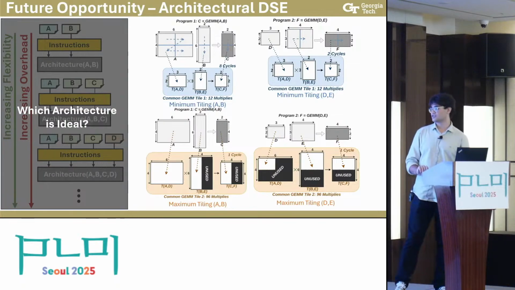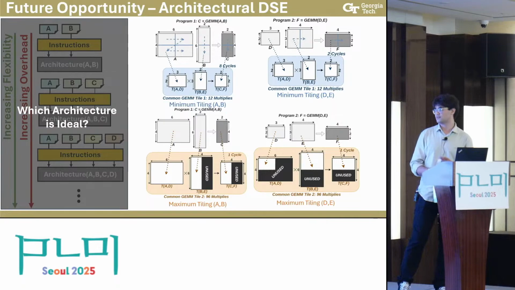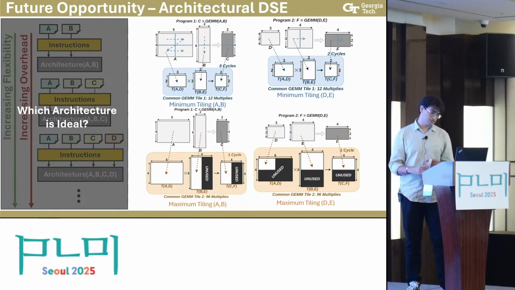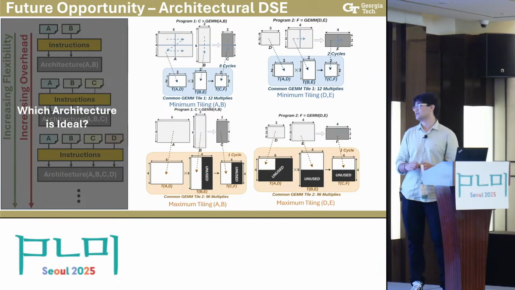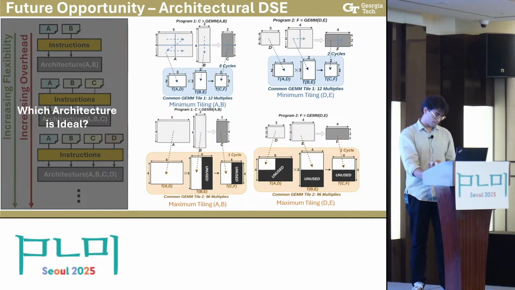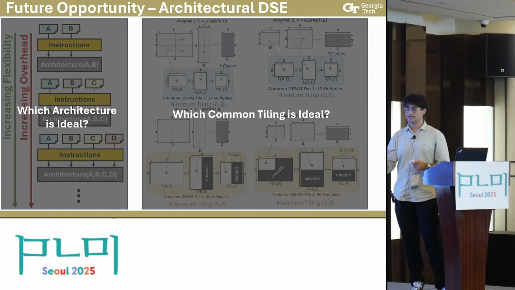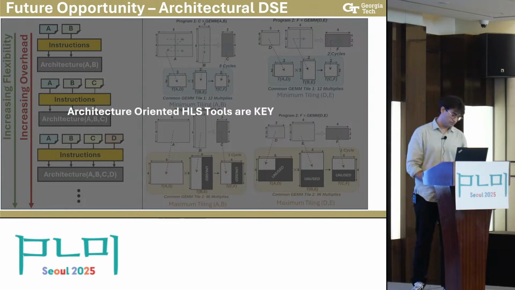In this case, you're creating the largest possible matrix multiply tile that can fit both operations, at the cost of not using some of your hardware in either case. So you have really high area, but as a result, you can execute the matrix multiply in 1 cycle as opposed to 8 or 2. And again, which of these common tilings is ideal is highly dependent on your use cases. And again, being able to automatically generate these architectures is really critical.